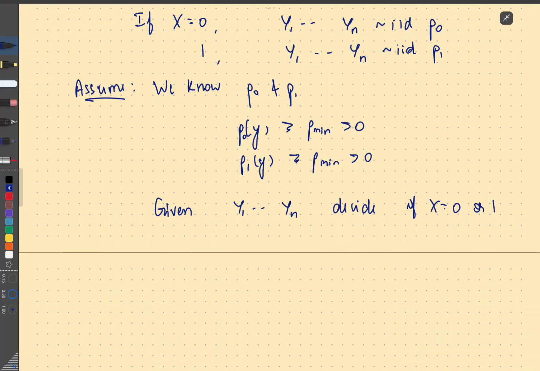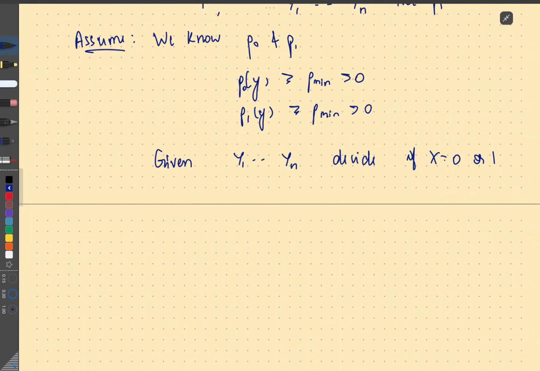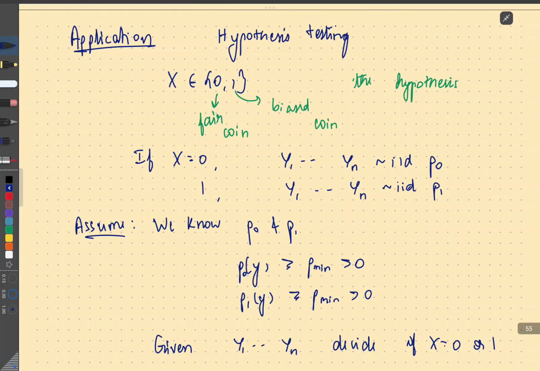And how do we decide whether a given test is good or not? We just measure the probability of error. So we'll assume that maybe x is equal to 0 with probability 1 and x equal to 1 with probability 1.